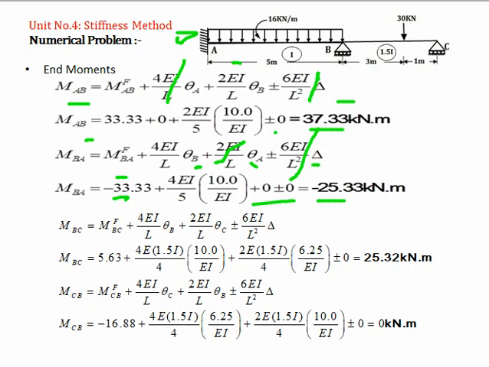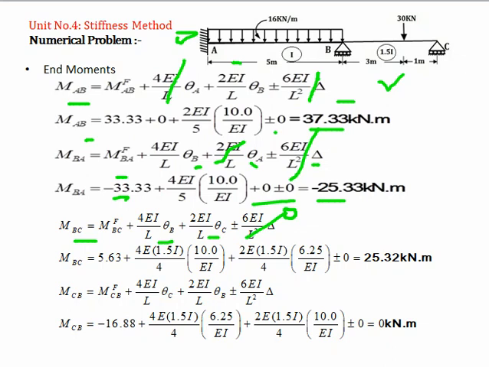Then find out end moment for span BC. So MBC is equal to MFBC plus 4 EI by L into theta B plus 2 EI by L into theta C plus minus 6 EI by L square into delta. Again, no settlement, so delta will be 0, and theta C will be there because rotation will be there at the roller support.